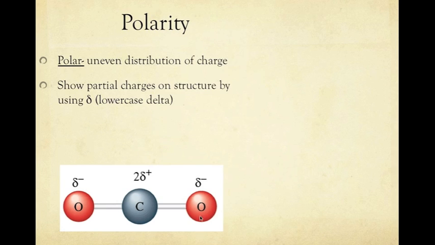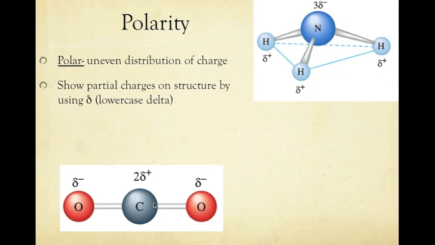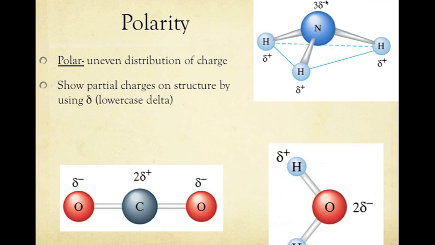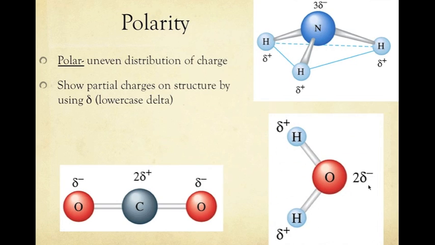Okay, and we see that the partially positive and partially negative charges will go to each specific atom, and we won't get a lot into that. We can see here, again, we have the partially negative charge here and the partial positives on the outside. So remember, when we see the partially negative, that's where the electrons are going. Okay, and again here we see that partial negative right down here.